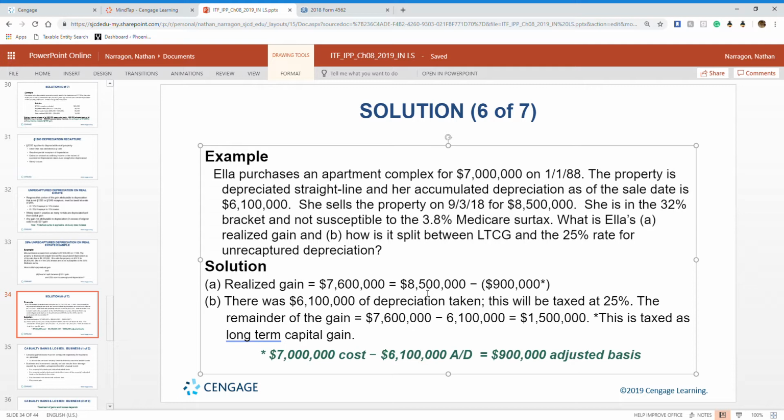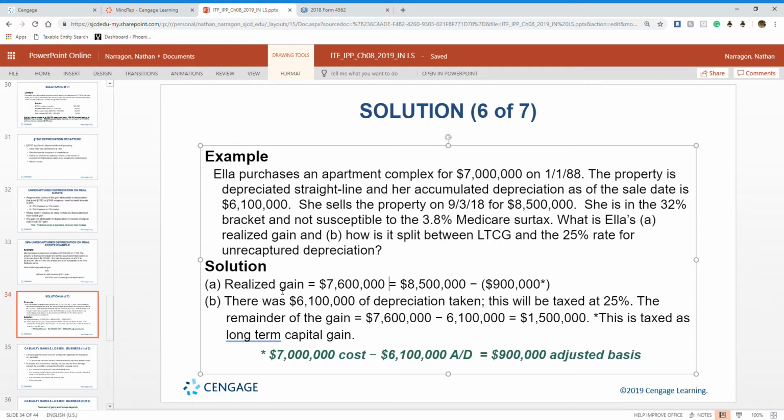Where do we get the $900,000 from? That's our adjusted basis, or basically our cost minus our depreciation. So that's our $900,000. So our realized gain is really, we made $7,600,000.